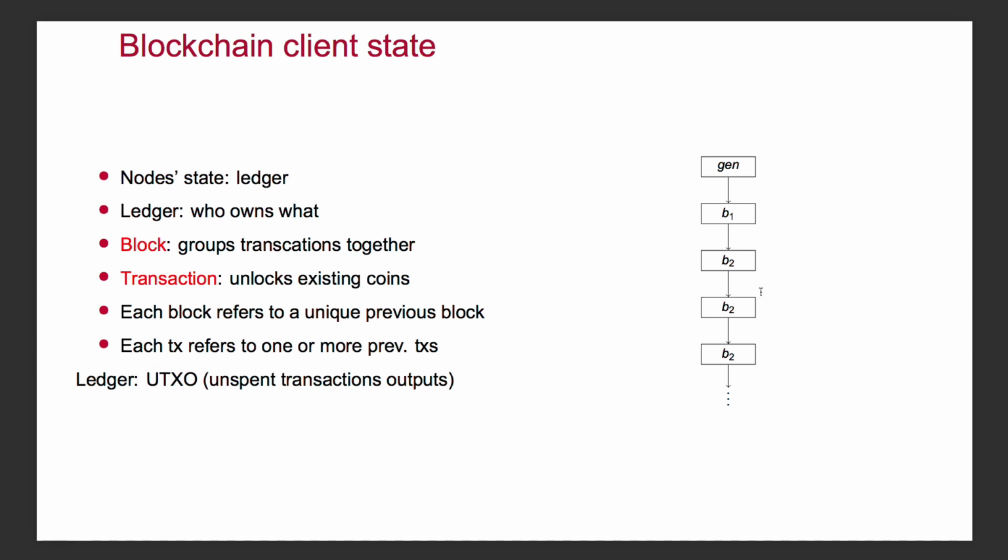Each transaction points to a previous transaction whose coins it spends. So transactions point to previous transactions, and each block points to a previous block. This is a sequence of blocks, and the ledger is actually the transactions that have not been spent yet. That's our ledger essentially.